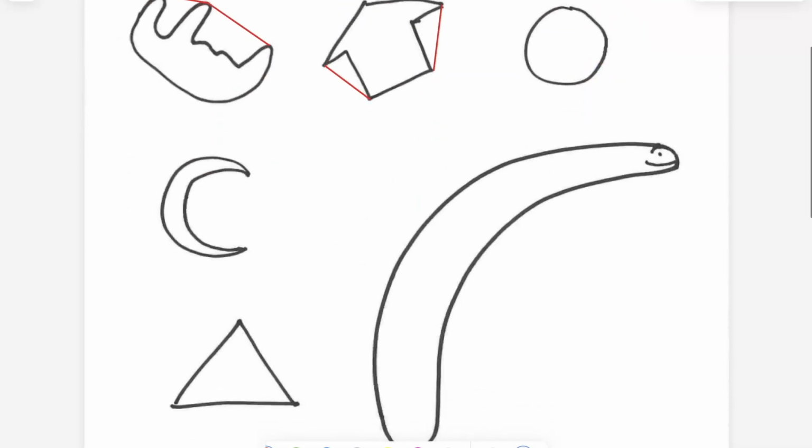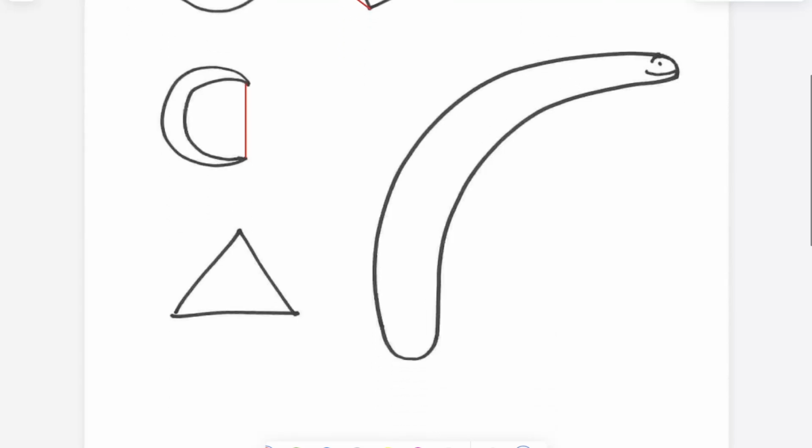This one over here, we already discussed that example. You would have to add a bridge across those guys. The triangle also is convex already, so the convex hull does not add any new area to it. And then this happy little wormy guy, you have to add a big straight line going across like that. All right? This is the convex hull. I hope that makes sense to everybody.